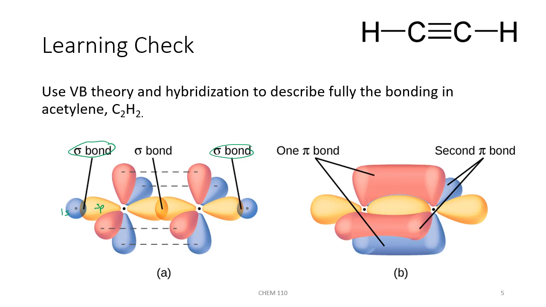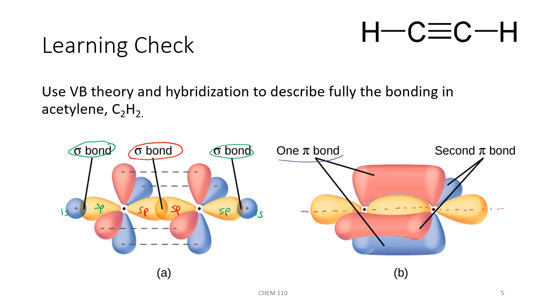We have another sigma bond from our 1s orbital overlapping with our sp on carbon. And then in the middle, we have our sigma bond, which was the result of sp hybrid orbitals overlapping, both of those on carbon. And on the right, we can see that electron density overlapping sideways to our internuclear axis, forming our two pi bonds.